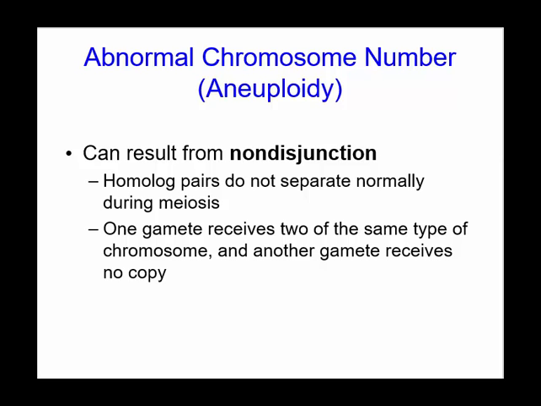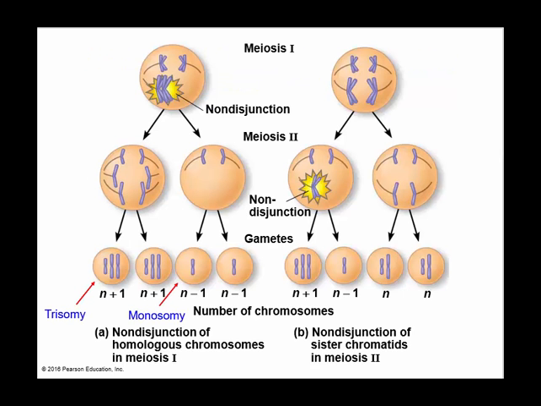They're not separating. So as we see here in this figure, you end up with gametes that have the wrong numbers of chromosomes. Here are 2 different kinds of non-disjunction events. Here the homologs don't separate like they should in meiosis 1. So here we have another whole set of homologs in this daughter cell, which ends up with gametes that have extra chromosomes, while the ones from this cell have one less in each.